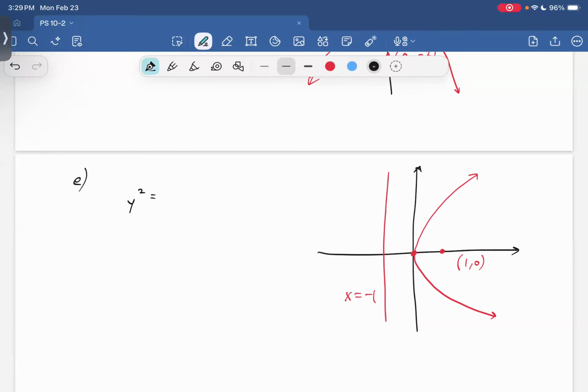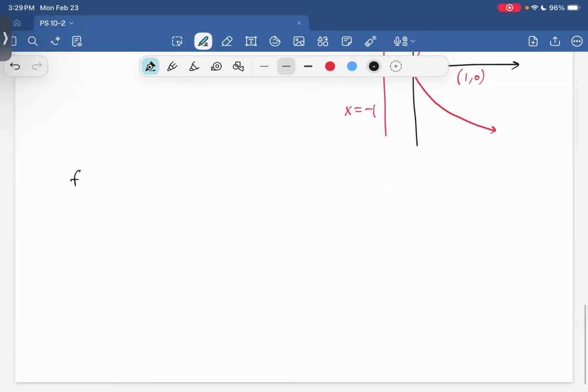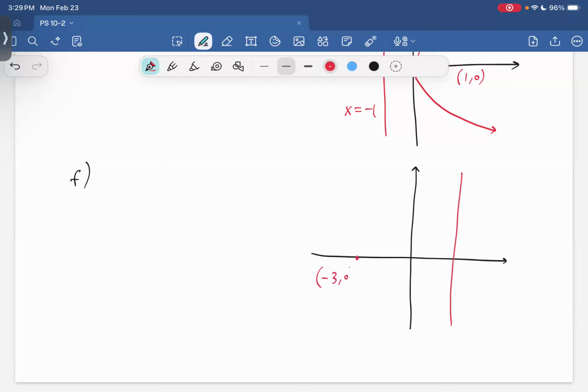P must be +1, so y² equals 4x. Then for F, x equals 3 is our directrix. So the focus is going to be at -3, 0. Our vertex is at the origin. So P is equal to -3 in this case. We have y² equals -12x.